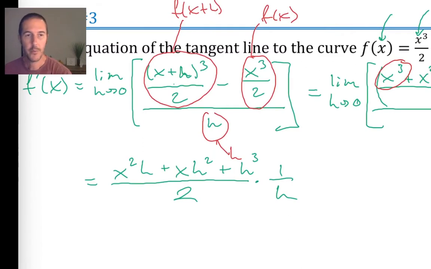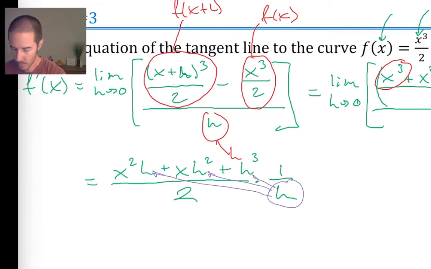What a lot of people forget to do is they forget that they have to distribute their division. This division by h has to divide into all 3 terms in our numerator.